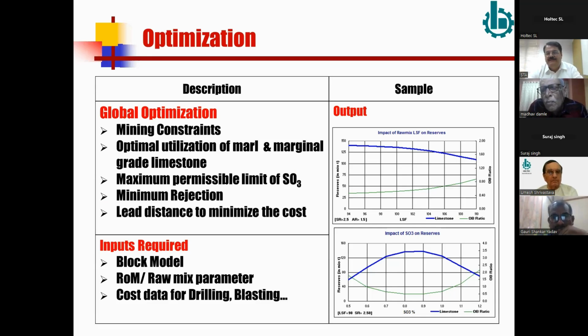Similarly, other parameters like SR and AR have also been studied, and SO3 was also problematic in this deposit because gypsum was associated with it, so the SO3 content in limestone was a bit high. In this, we have used the inputs of block model, ROMIX and ROM parameters of the limestone and cost data also, to balance the lead from where we can get optimized reserves.